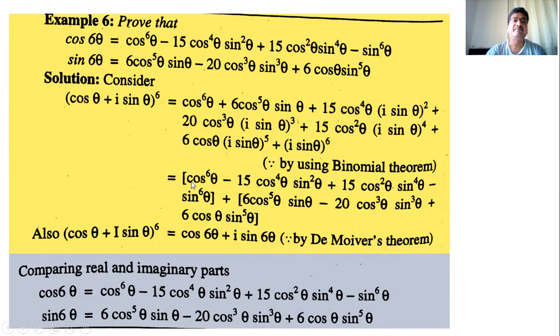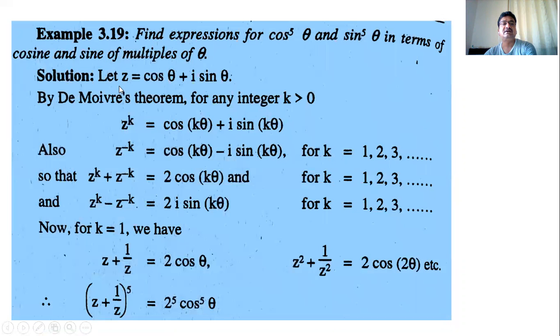Or if the problem is cos 4 theta and sine 4 theta, then expand (cos theta plus i sine theta) raised to 4 in two different ways, that is by using the binomial theorem and De Moivre's theorem, and find the expression for cos 4 theta and sine 4 theta. So these are the two sample problems.